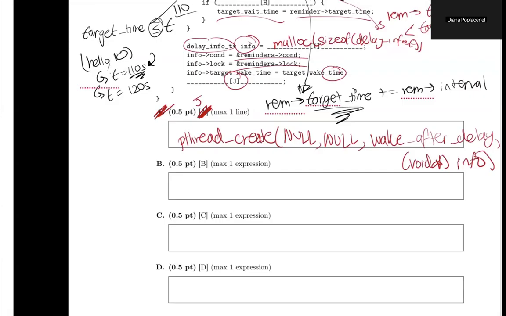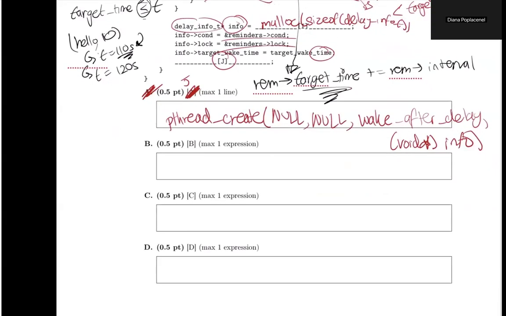And in the reminder list, we allocate space for the condition variable and the lock itself. So the condition variable and lock that you're actually using for the delay info struct is just a pointer to the condition variable and lock for your reminders list. That was kind of a handful to say, but hopefully that made sense.